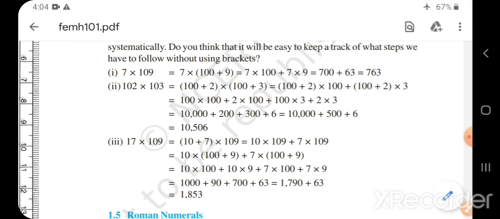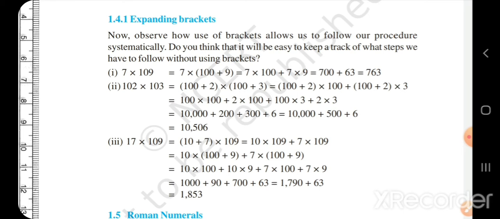So in that, first is 7 into 109. 109 we can expand as 100 plus 9. 100 plus 9 is 109. So 7 into bracket 100 plus 9. Now we will expand it: 7 into 100 plus 7 into 9.